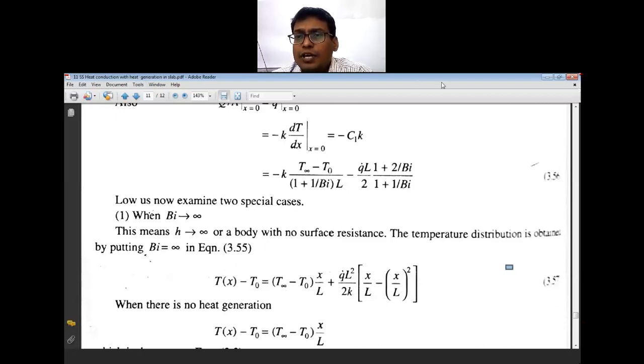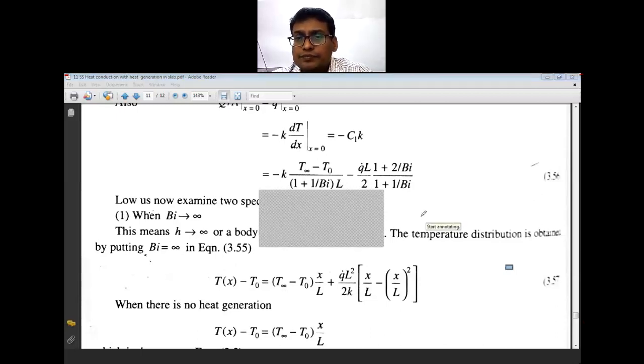What is the Biot number? HL upon K. So Biot number is HL upon K. If Biot number tends to infinity, that means h tends to infinity.